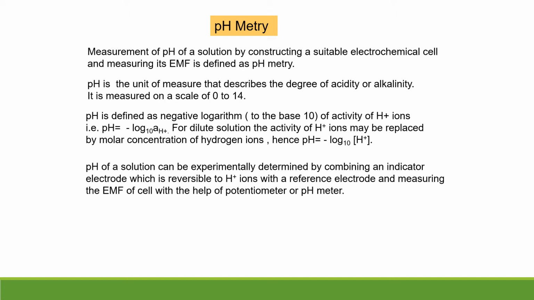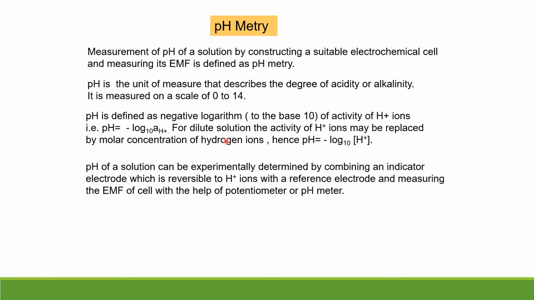And we also know that there is a pH scale, that is scale of 0 to 14. pH is defined as negative logarithm to the base 10 of activity of H plus ions. That is, we can write the formula as pH is equal to minus logarithm of activity of hydrogen ions to the base 10.